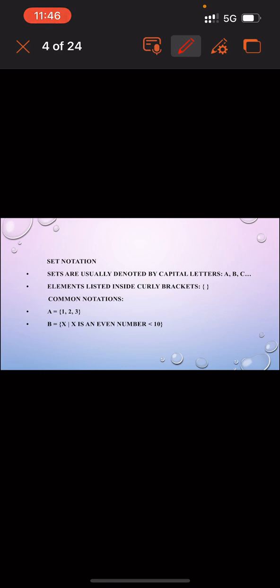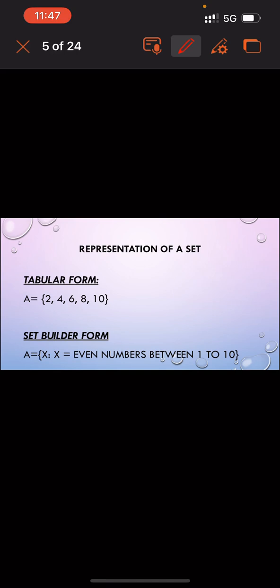We can represent a set with capital letters, A, B, C, D. Elements we can write inside the curly brackets, and then the comma notation. Actually, we have two representations of a set. One is roster form and another one is tabular form.